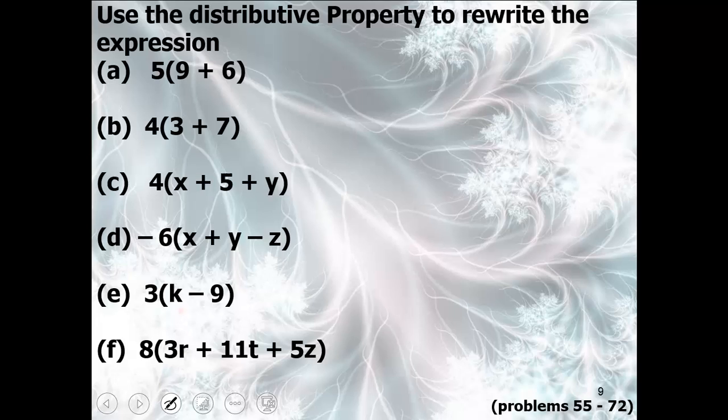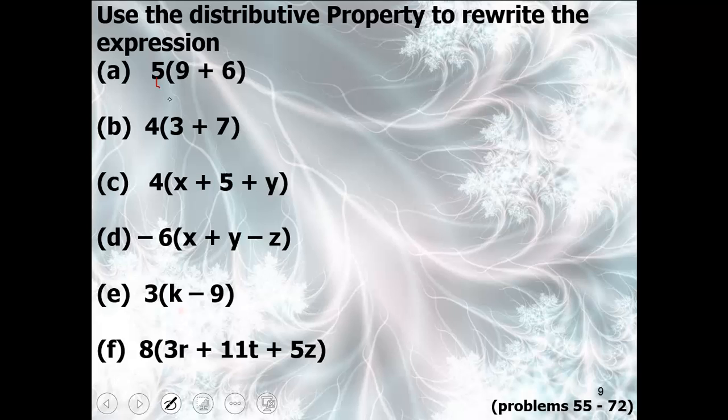Use the distributive property to rewrite the expression. Here we're going to use the distributive property. It's not the only way when there's just numbers only, and you can check it the other way. So let's try A together.